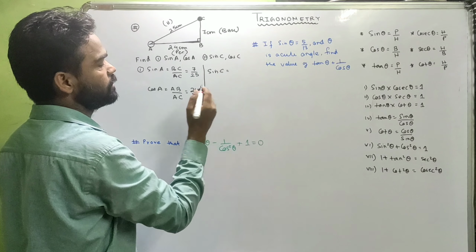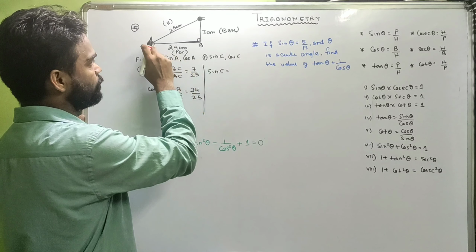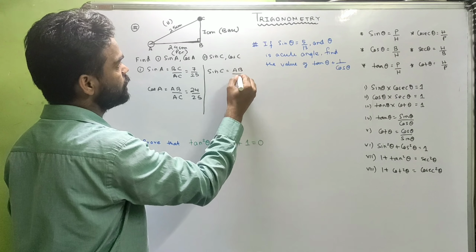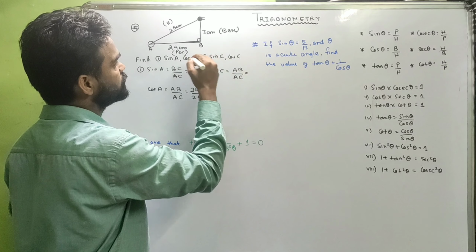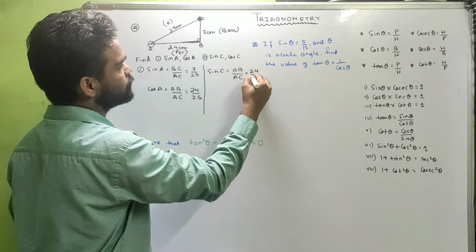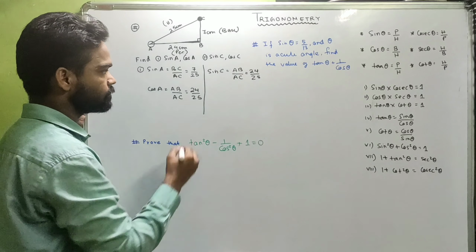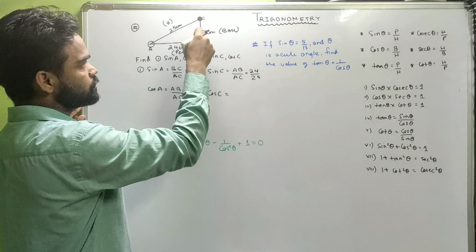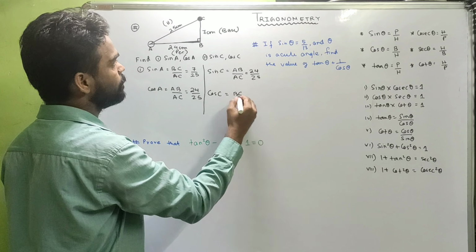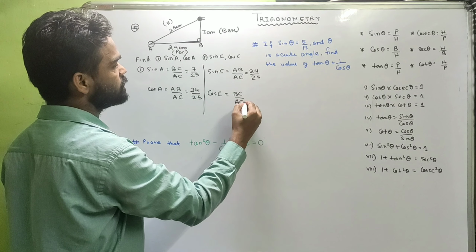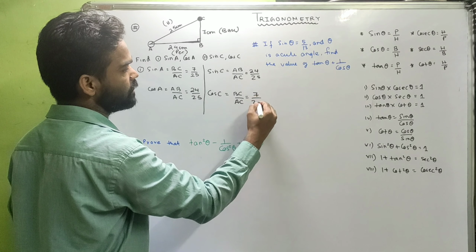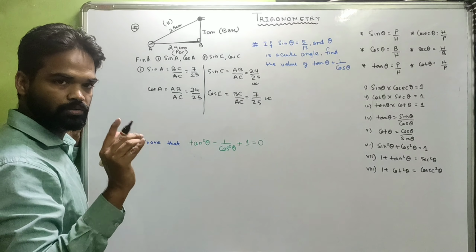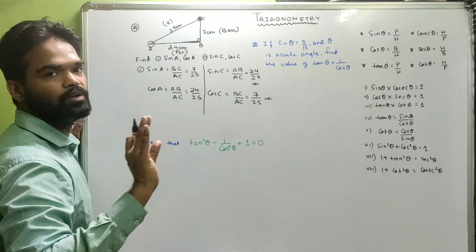So again, sine is perpendicular by hypotenuse, so AB by AC, which is 24 by 25, no doubt in that. Cos C is base by hypotenuse, that is BC by AC, which is 7 by 25. Am I clear? Remember, your angle decides which should be your base.